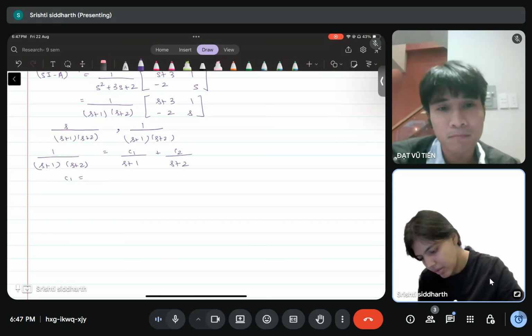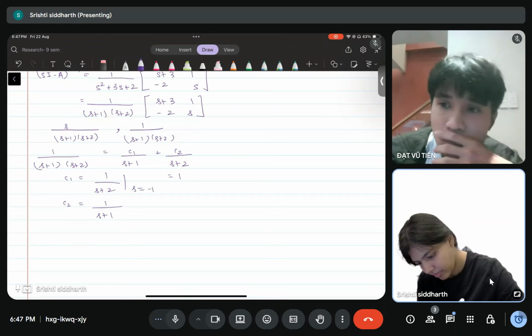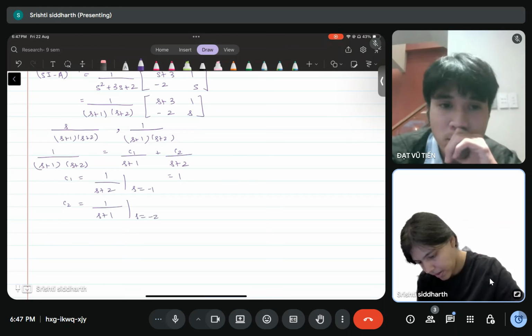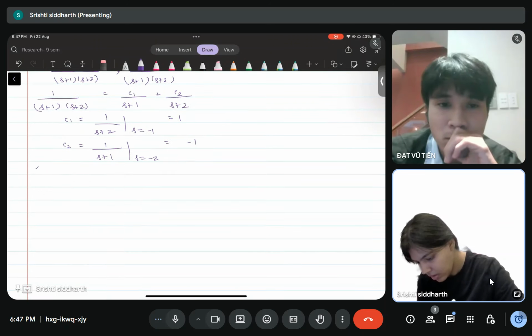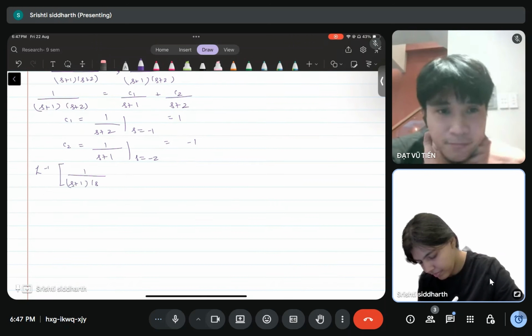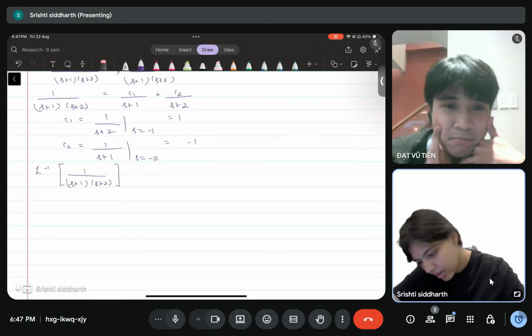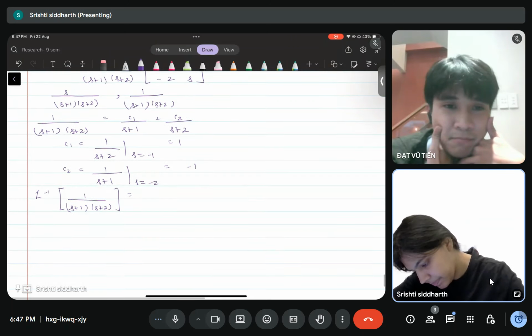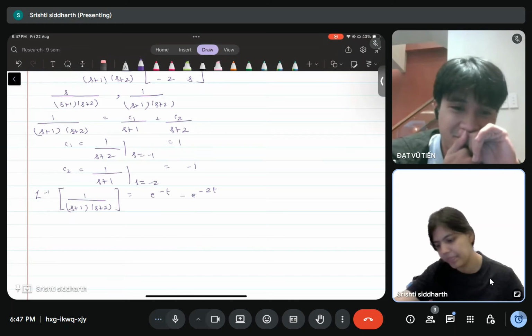So C1 is 1 over s plus 2 at s equals minus 1. This is minus 1, so this is going to be e to the power minus t minus e to the power minus 2t.